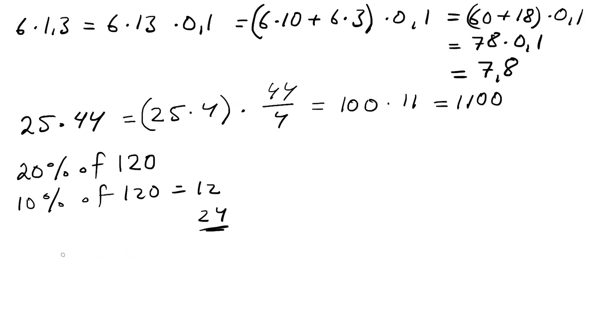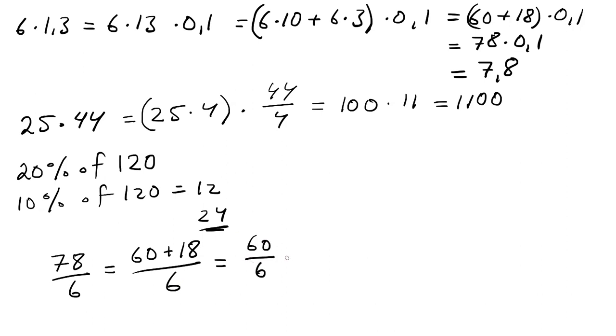Also for division, there are several rules, strategies you can use. For example, if you want to do 78 divided by 6, you could write this as 60 plus 18. Or you do it mentally. Of course, now you can do this using a division rule. Divide both numbers by 6. So this is 10, and this is 3, it's 13.